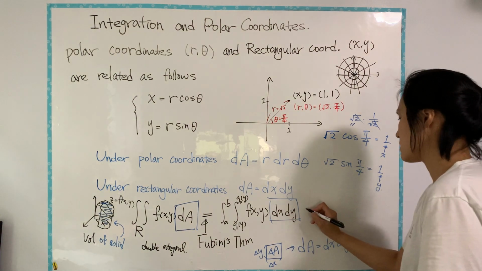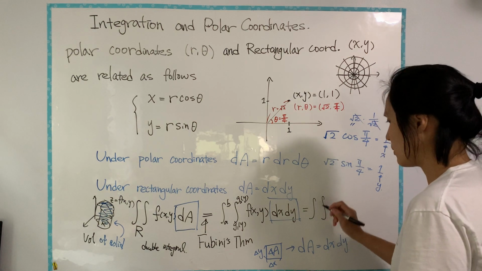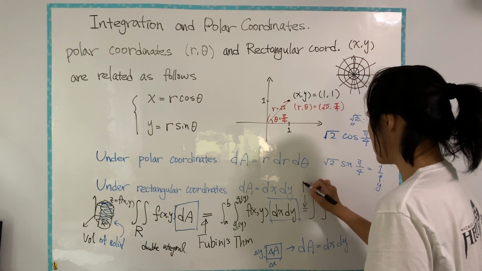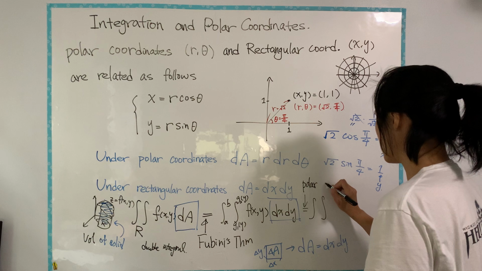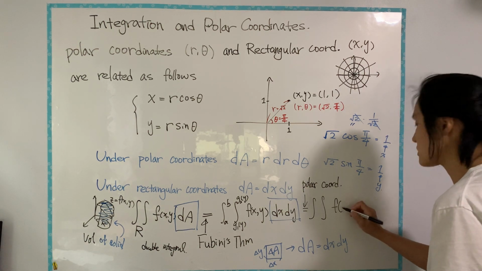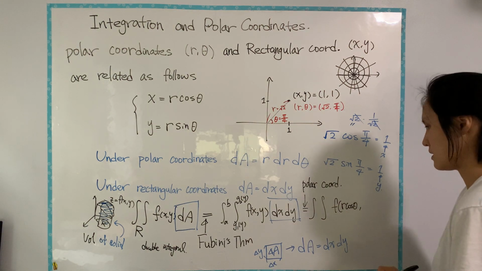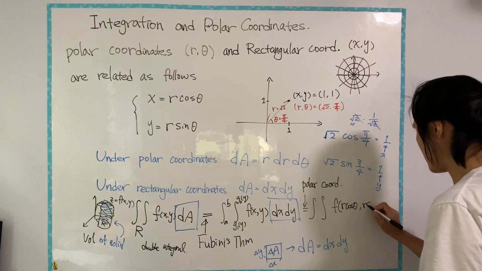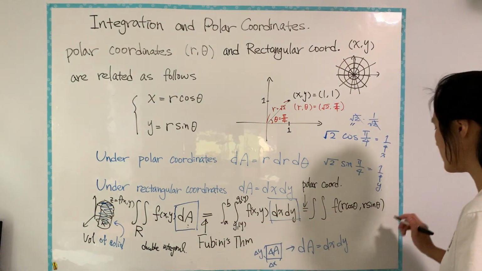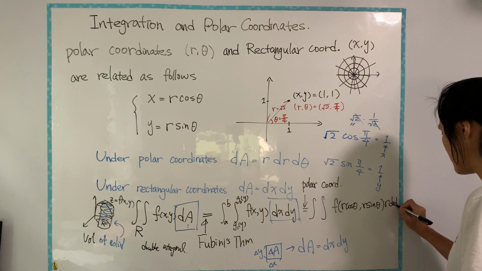So in this case, when I want to do Fubini's theorem under polar coordinates, x, according to the formula, becomes r cosine theta, y becomes r sine theta, and the dA, the area now, is r dr d theta.